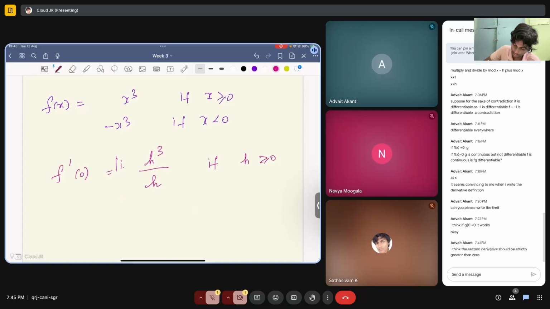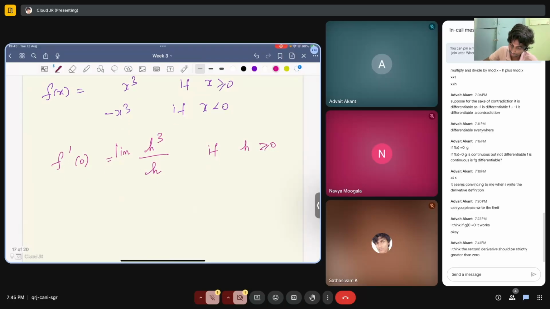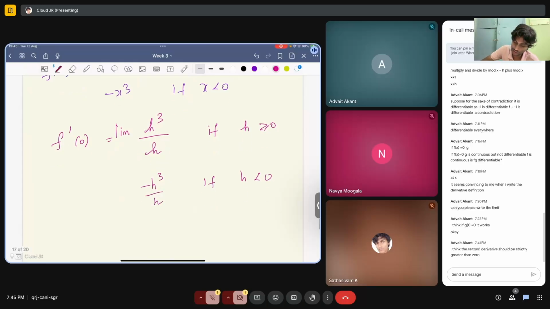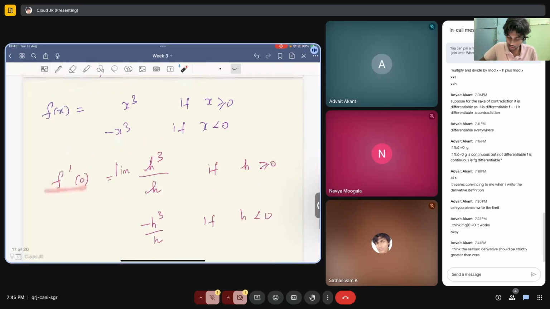You have to find the limit here, but the function is a little bit different, and it is minus h cube by h if h is less than 0. In either case, you can cancel because h is not 0. So here you get h square and here you get minus h square, and then you find the limit as h tends to 0. This is 0, this is 0. So the derivative exists at 0, and it is actually 0.